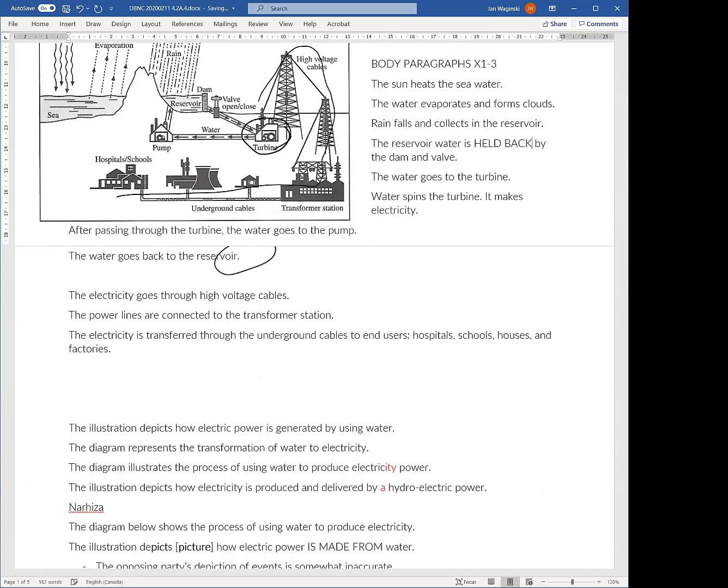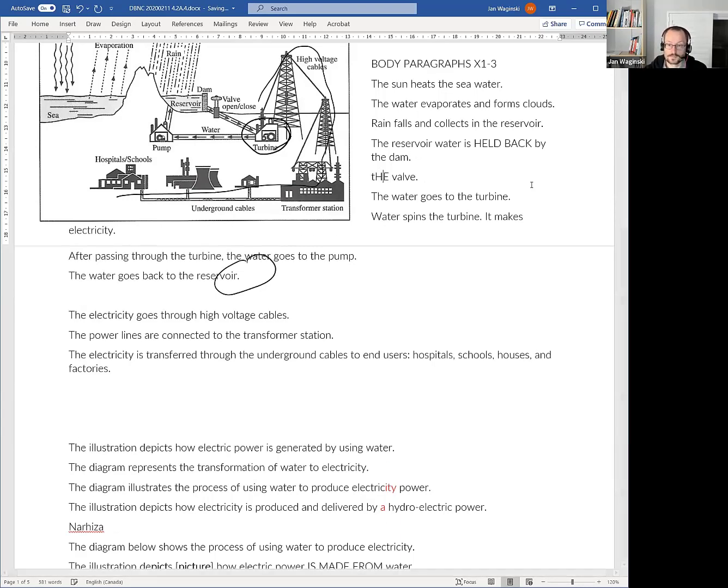Held. Okay. And what does the valve control, very specifically? Not just water, but what about the water? The water flow? That's it. Like the amount of water, it controls the amount of water. Yes.